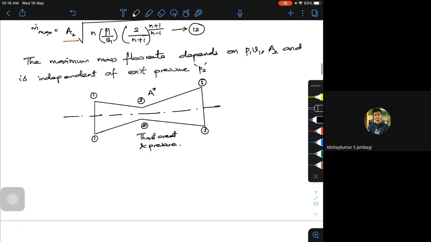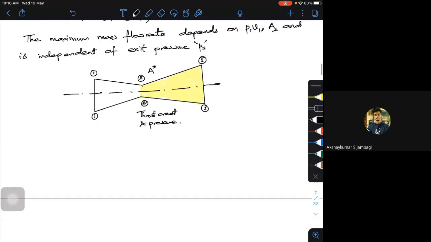Even though I add this extra portion, the divergent part, to the CD nozzle, this will not have any impact on the mass flow rate.